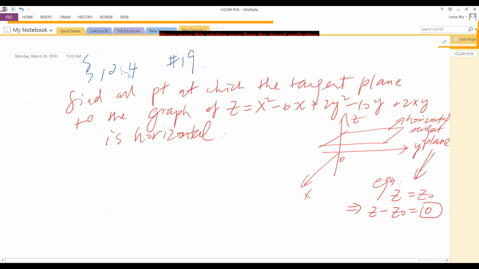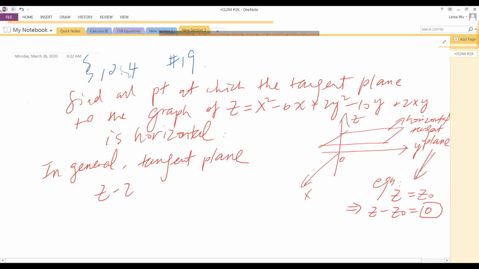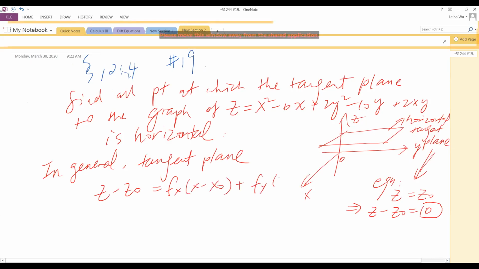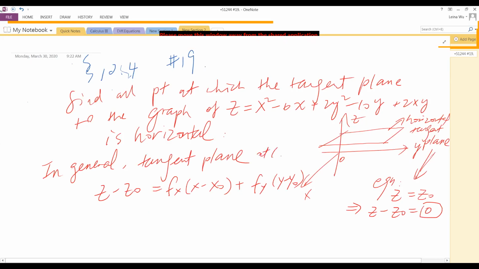But in general, we know for a tangent plane, z minus z sub 0 equals the partial x times x minus x sub 0 plus partial y times y minus y sub 0. That's the equation of the tangent plane at x sub 0, y sub 0, and z sub 0.